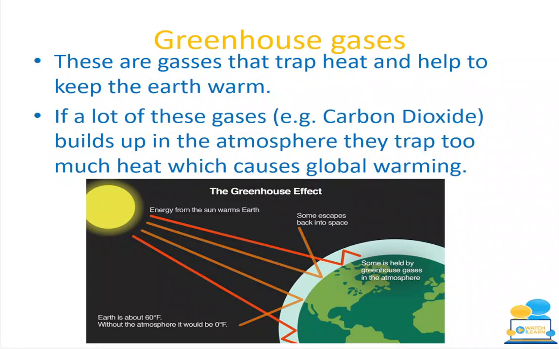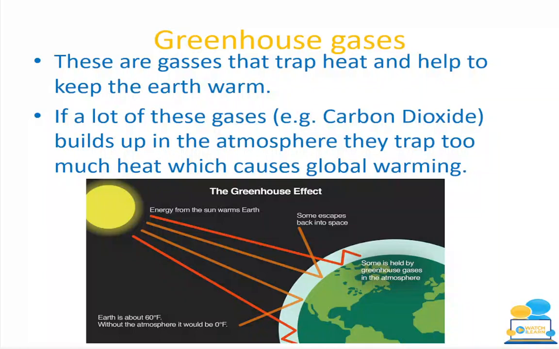But if we have a big, huge increase in greenhouse gases due to a build-up of the likes of carbon dioxide, which is being released because there are more humans in the world and we are breathing out our CO2. There's also a lot more livestock which are breathing out CO2. You also have your methane, which is being emitted from cows.